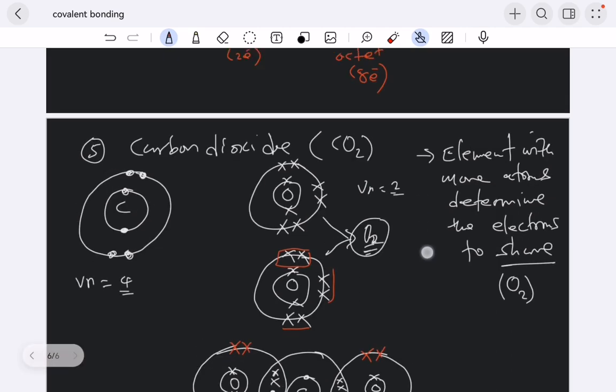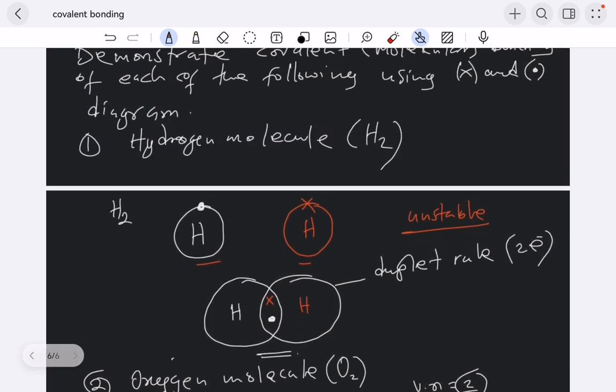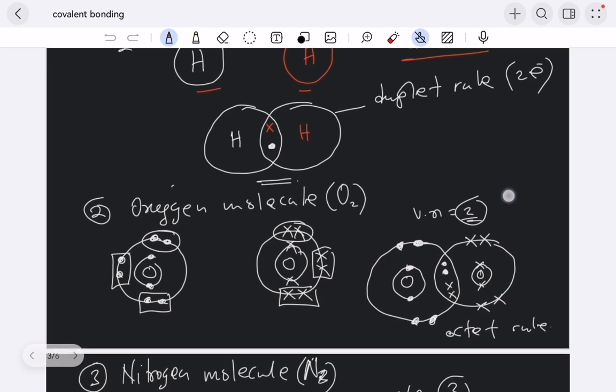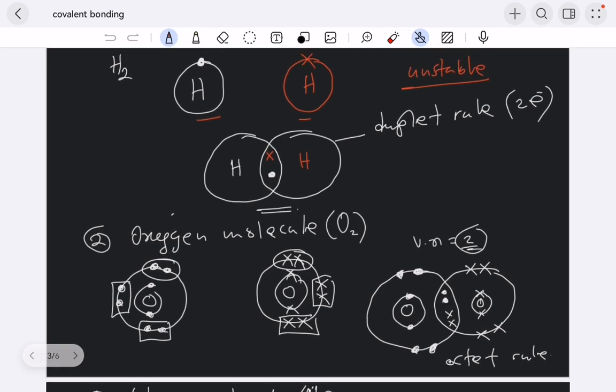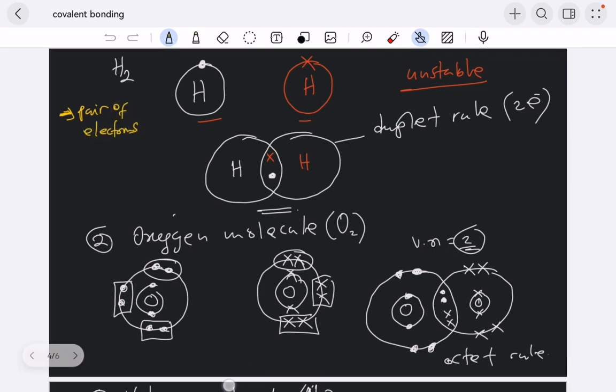Then, one last important thing that I want to talk about is a pair of electrons. A pair of electrons represents a single bond.